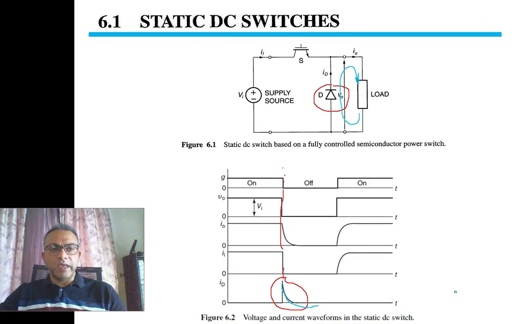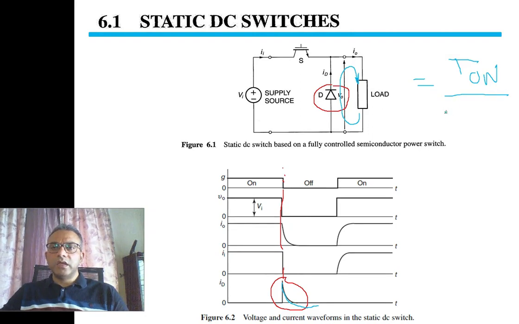Duty ratio M is equal to T on divided by T on plus T off.